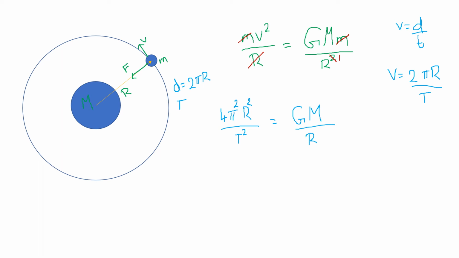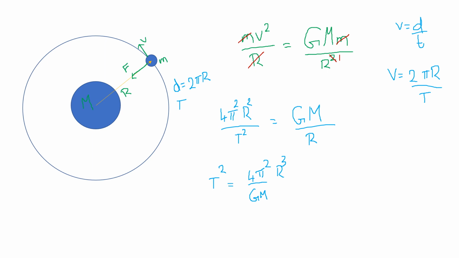Now we can rearrange this for the time period squared, and when we do that, we get 4 pi squared r cubed divided by GM is equal to the time period squared.